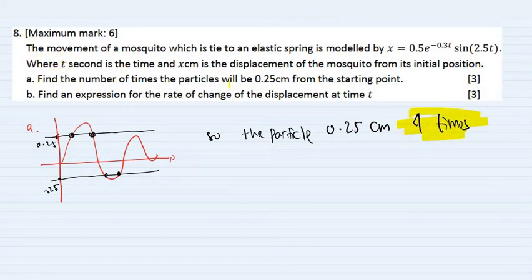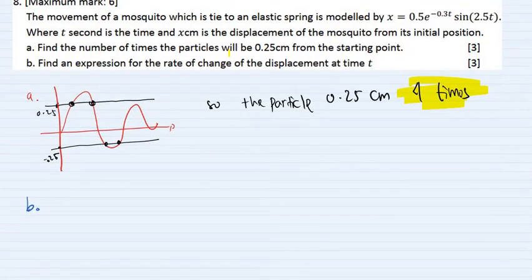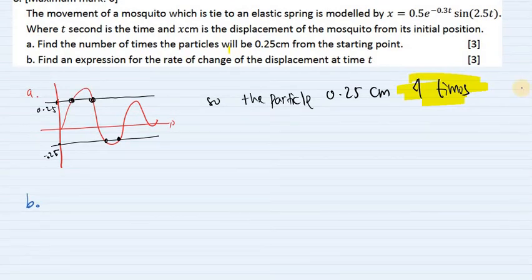So B. For B, find the expression for the rate of change of displacement with respect to time t. For this, the rate of change means the first derivative. Let's change this into x equals something.